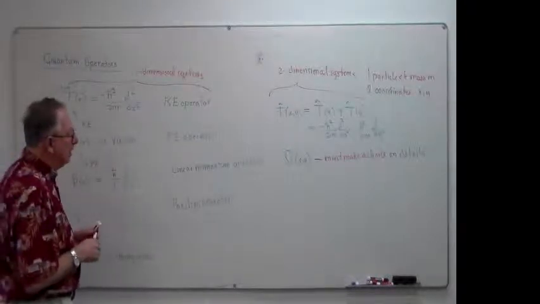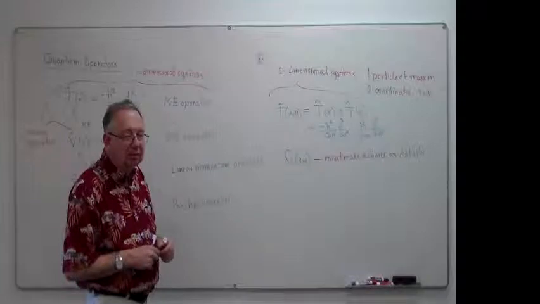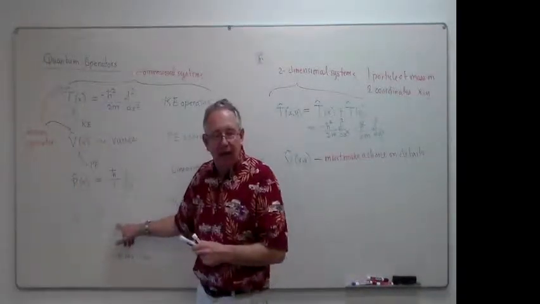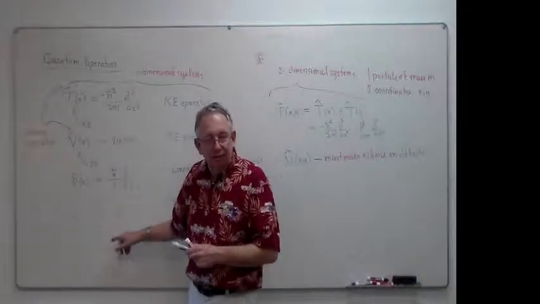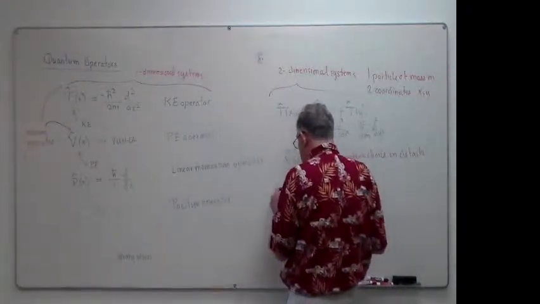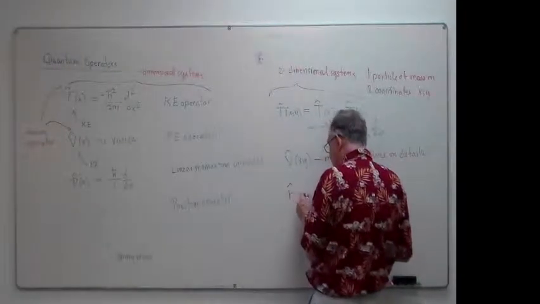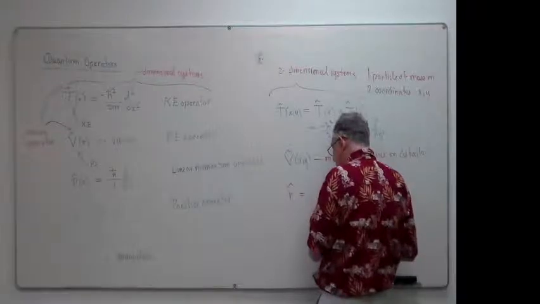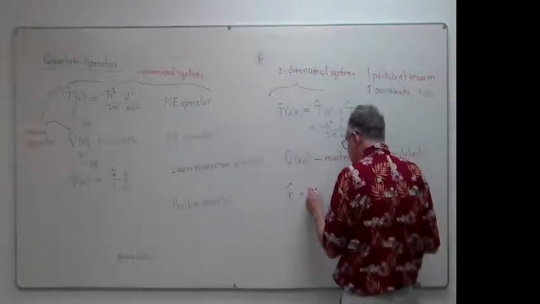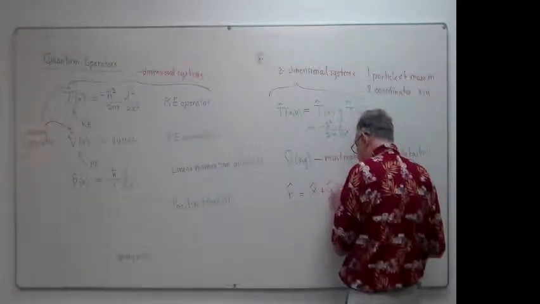Now, what's the position operator? Here it's just x. Is it a plane? Yeah, so the position operator is kind of like r, which equals what? x plus y operator.